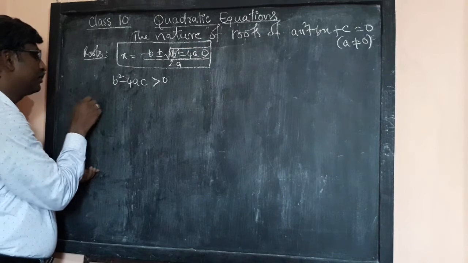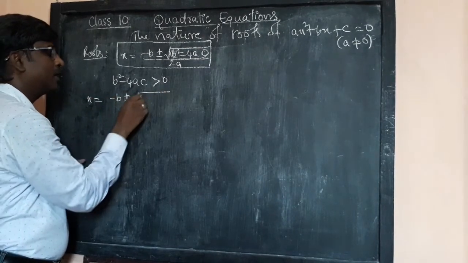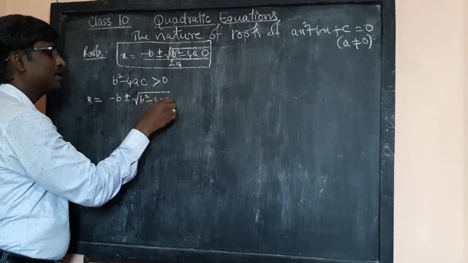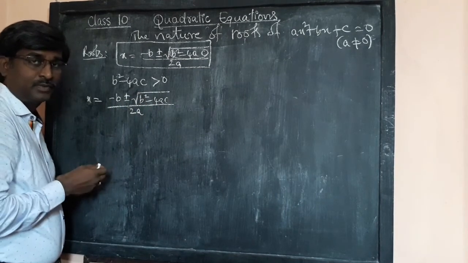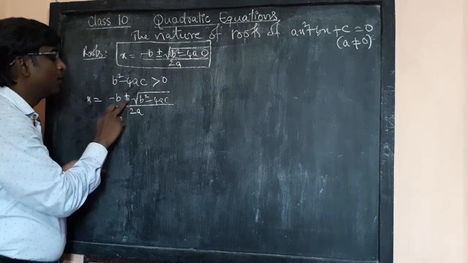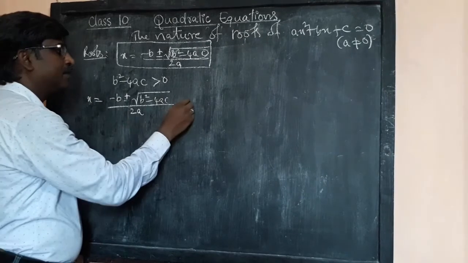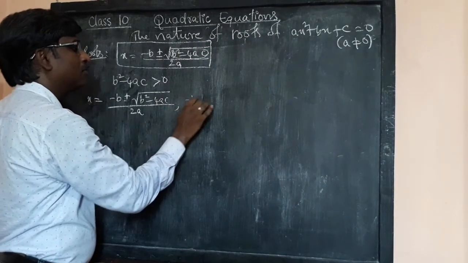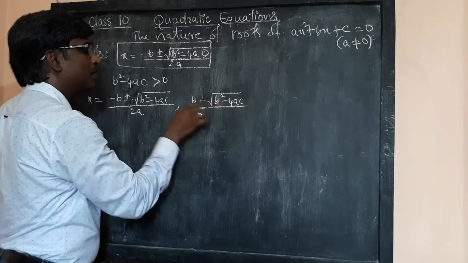Then roots are x equal to minus b plus or minus square root of b square minus 4ac by 2a. That means if you want to write the two roots, one according to plus and the second one according to minus: minus b minus square root of b square minus 4ac by 2a.